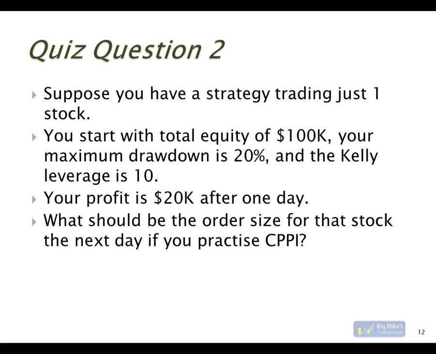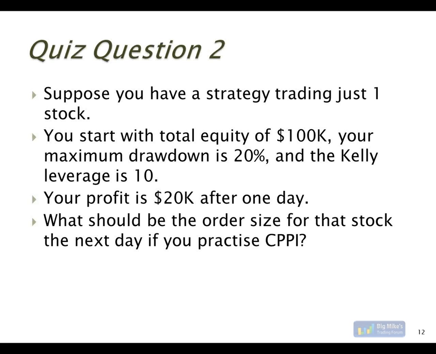So after one day, after making this 20K profit, the new equity is 120K. Now, 120K is the total equity, including both the risky account and the safe account. We said that the maximum drawdown is 20%, so the risky account should have 20% of this new equity.